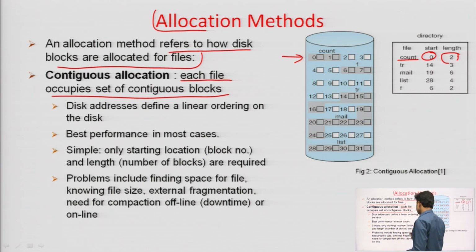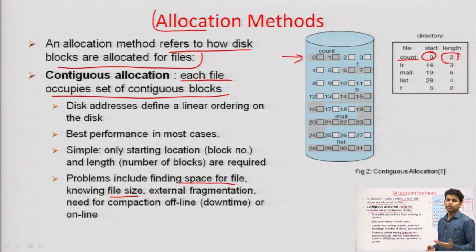What are those problems? A programmer might not be aware of how much space is needed for the file when the file will run. Problems include finding a space for the file and knowing the file size in advance. External fragmentation also can happen.